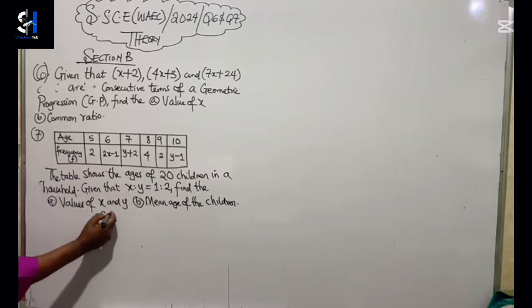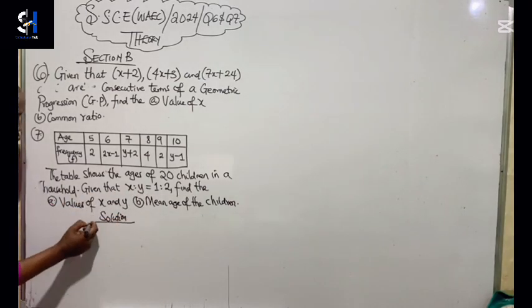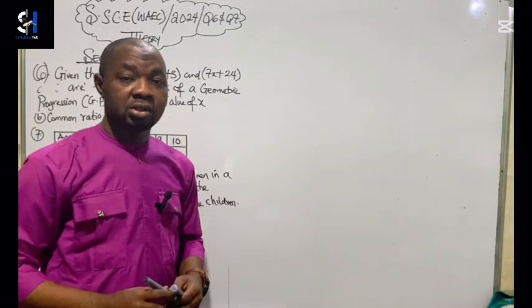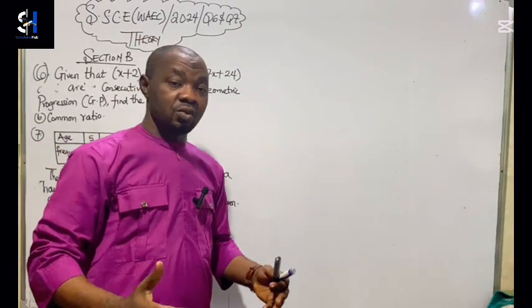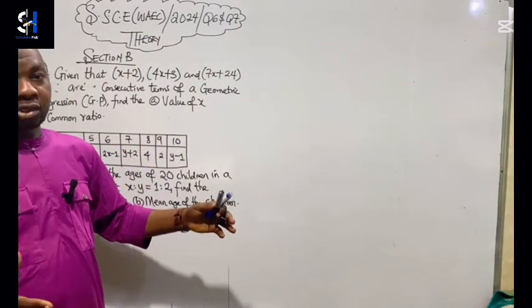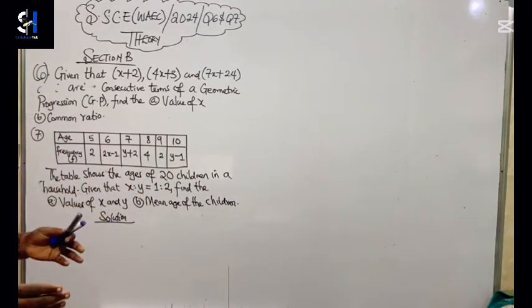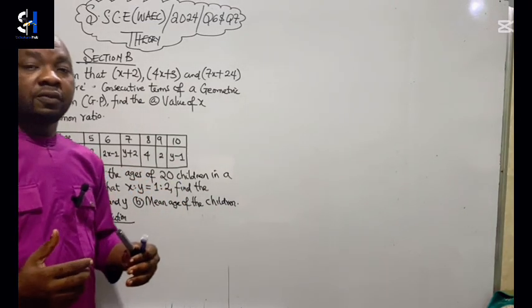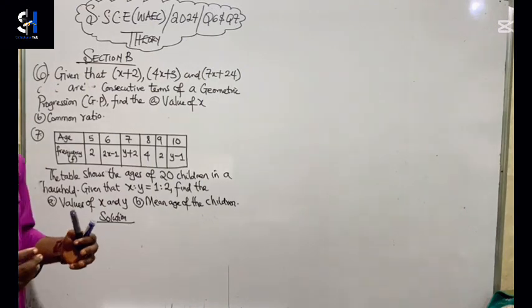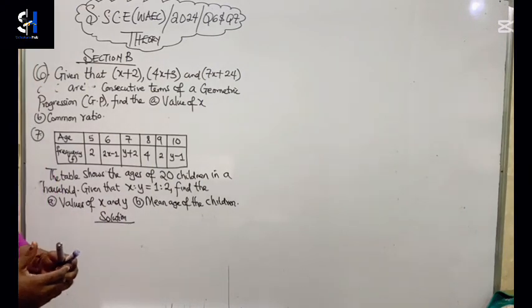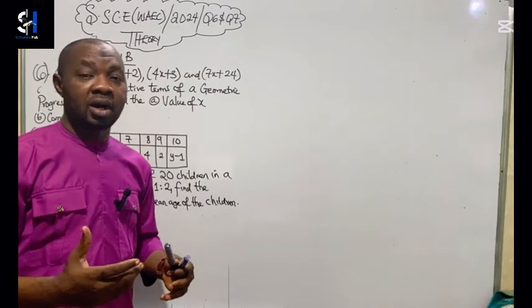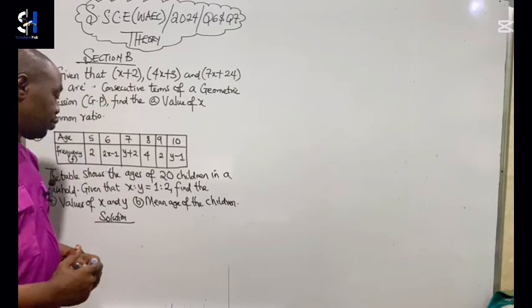Now, we know that when we are given a sequence which is in GP, then for us to be sure it is in GP, it must be characterized by what we call a common ratio.